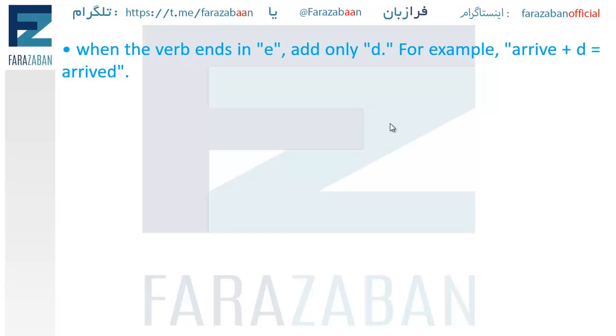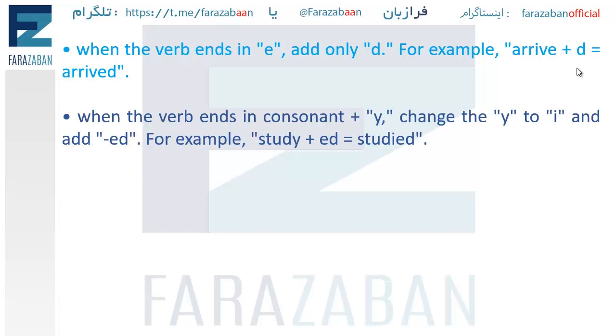If your verb ends in e, when you want to make it past, just add d; no need to add another ed. Arrived. When the verb ends in consonant plus y, change the y to i and add ed.